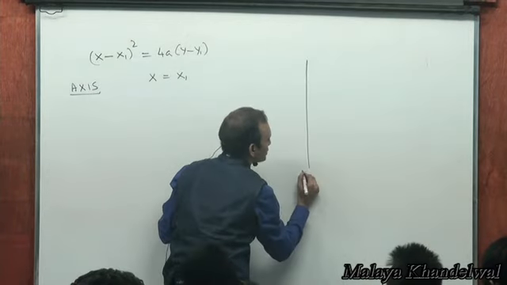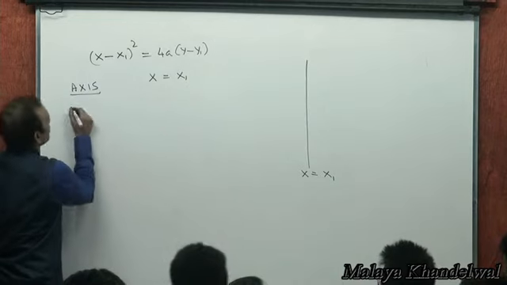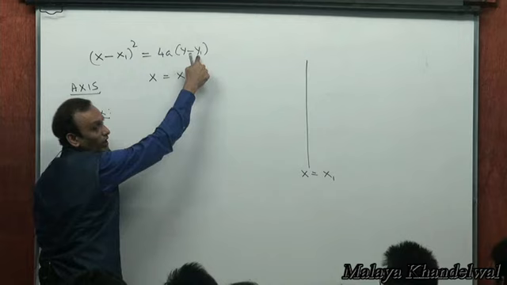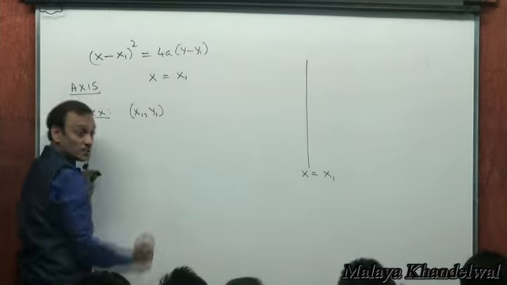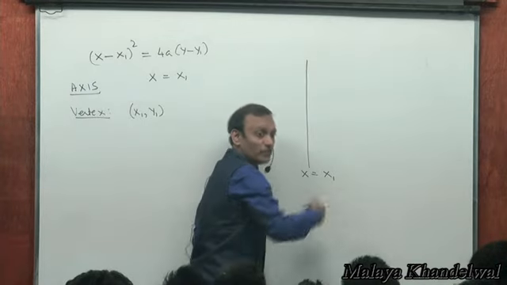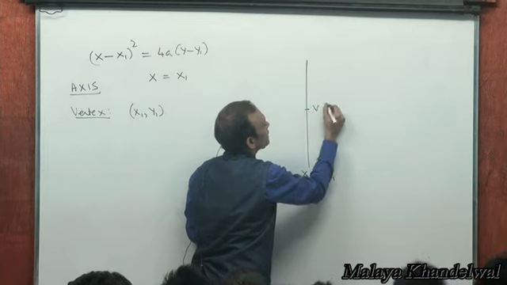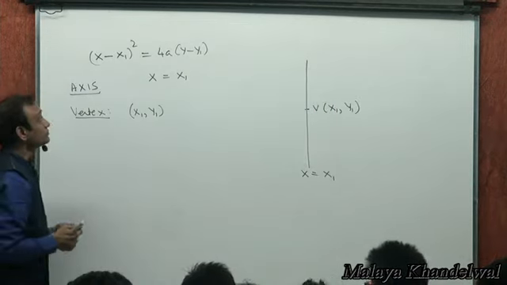So, this is the line x equal to x1, right? The axis lies here. Where is the vertex of this parabola? Put this equal to 0 and this equal to 0, then the x and y obtained are x1 comma y1. That's the vertex. The vertex will always be on the axis of symmetry, right? So, the vertex V is x1 comma y1, right?